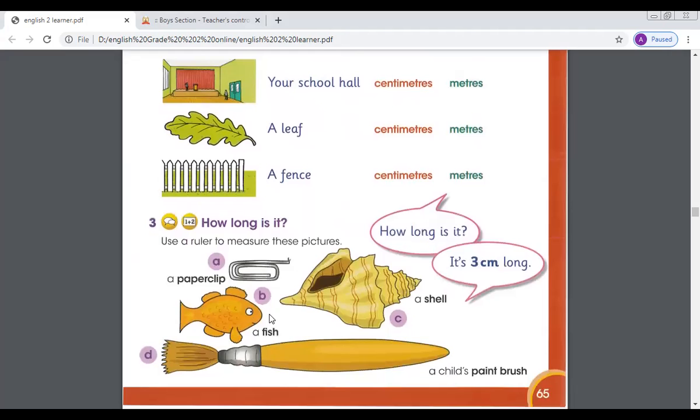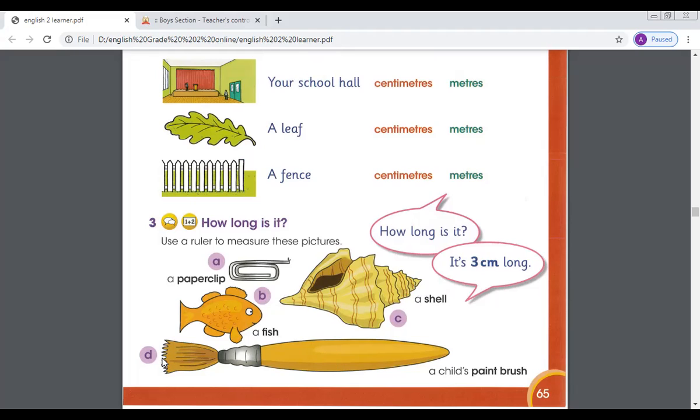And for example, this we use centimeters, and this also centimeters, and this also centimeters because it's small, and this we use meters. But here you check how long in centimeters with your ruler. This also in centimeters because we draw it, and if some brushes are big and some are small, but this is small, we use centimeters.